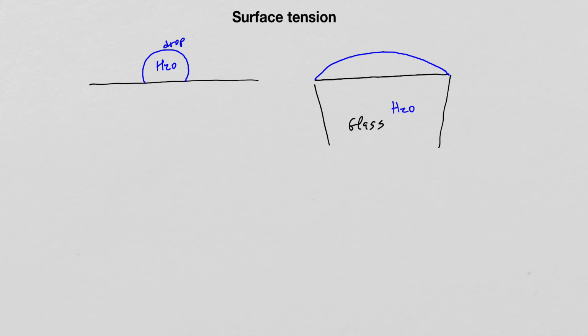Okay, so the water is composed of molecules. And the molecules exert attractive forces on each other. So these molecules here on the very surface of the water, they exert attractive forces on each other. So they pull towards each other like this.